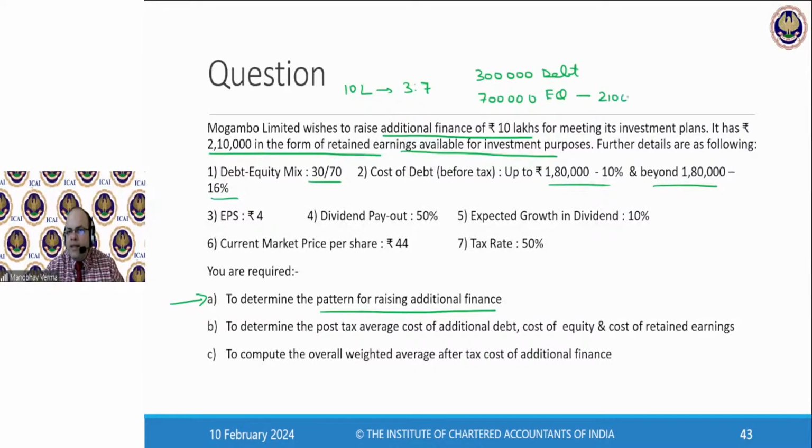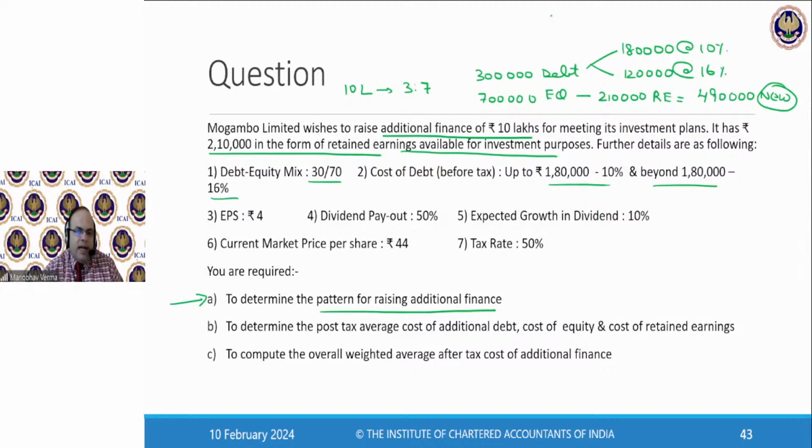So 210 is there for retained earnings. That means we are talking about 4,90,000 of new equity. Even for the 3 lakh debt, I would say 1,80,000 is at 10%, and the remaining 120, we're talking about two rates, right? At 16%.